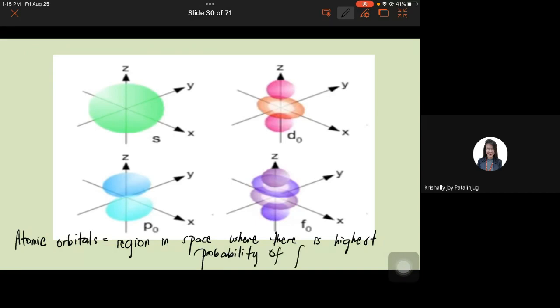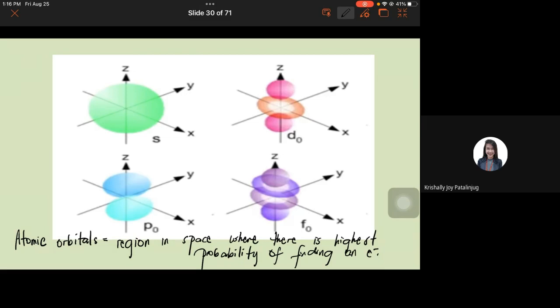So you can copy again. Let me read. Atomic orbitals, or the subshells that I am referring to, where electrons tend to occupy, these are the regions in space around the nucleus where there is a highest probability of finding an electron.